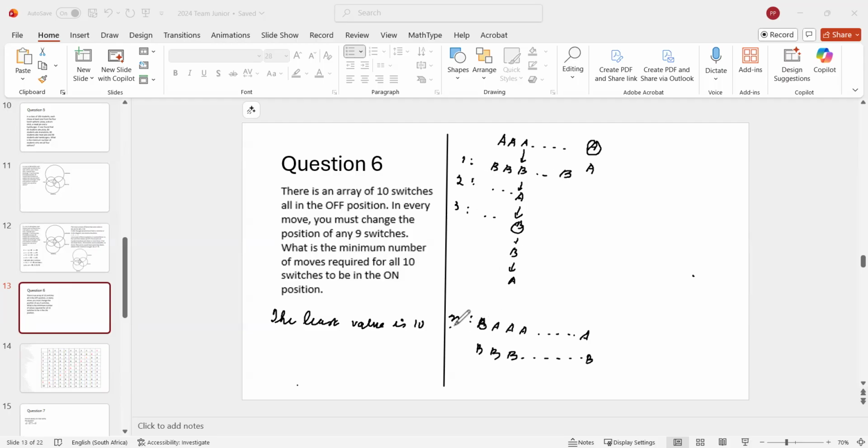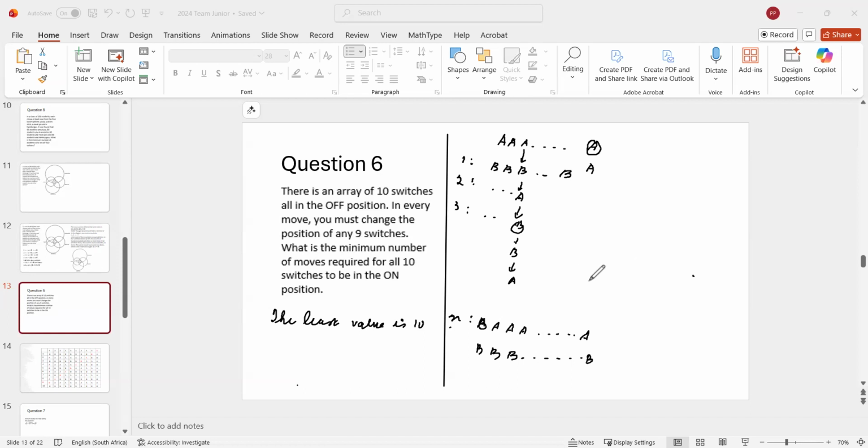So there are 10 altogether. In the 9th one, after the 9th move, you come to this, and we haven't changed this yet. The 10th move, you would have got all A's. And after the 9th move, you'll get all B's.